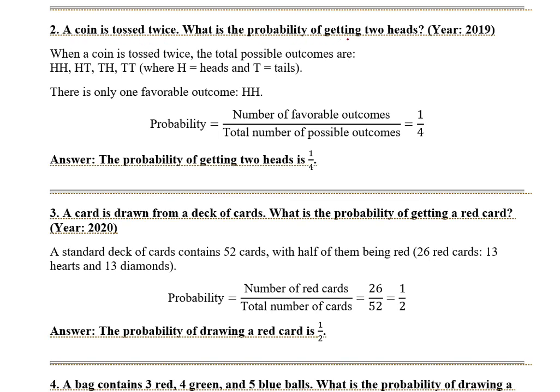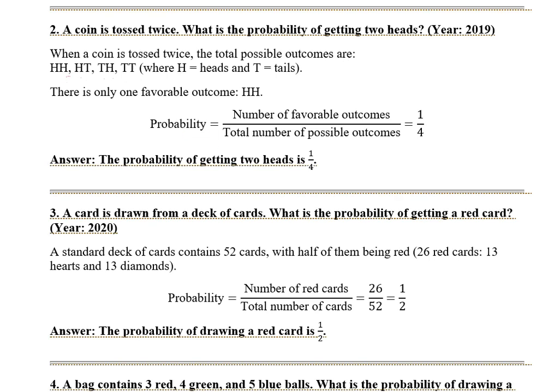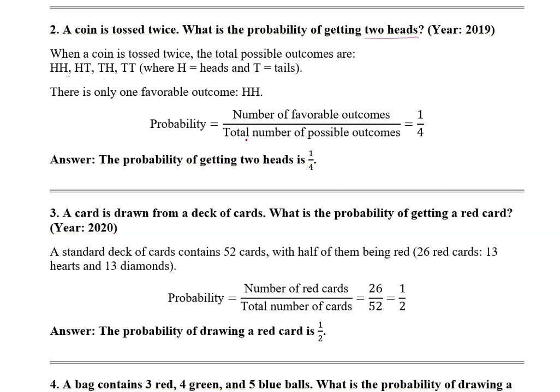What is the probability of getting 2 heads? Okay, when a coin is tossed twice, the total possible outcomes are HH, HT, TH, TT. So the probability is the number of favorable outcomes, which is 2 heads, divided by the total number of possible outcomes, which is 4. The probability will be 1/4.